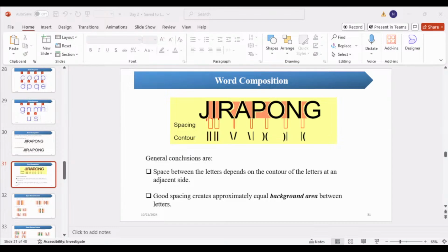Background area, or the area between two letters, or either contour. Right? The area between two letters is approximately equal. Okay? Approximately equal. Okay? So that is a good spacing.